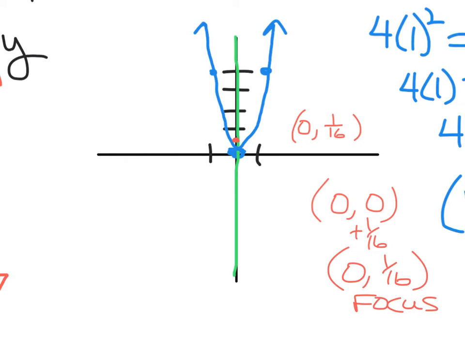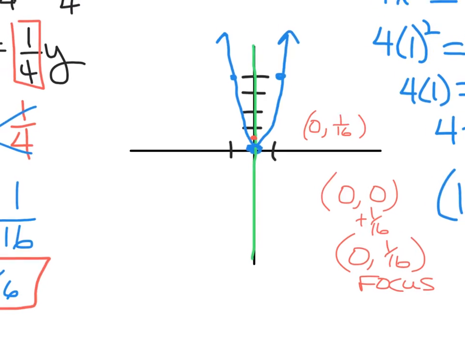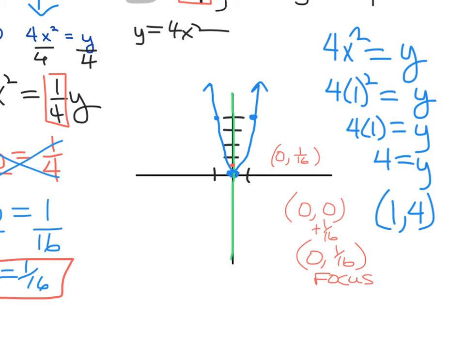The directrix is opposite of p, so my directrix is going to be y equals the opposite of p, which is -1/16. So my directrix line will go here, and it's that equation.